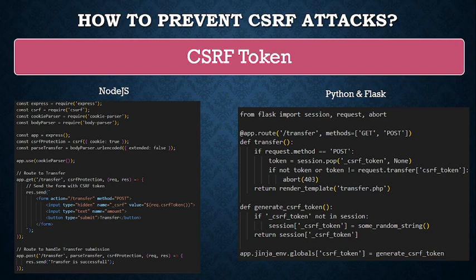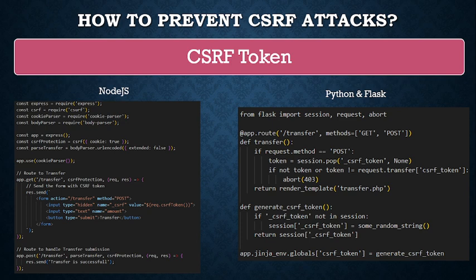For instance, here we have the CSRF package. Then you can also install cookie parser and body parser, and this is how your script will look. As you see, you have the form, you have the method, but here you have an additional input value that is going to store your CSRF token.